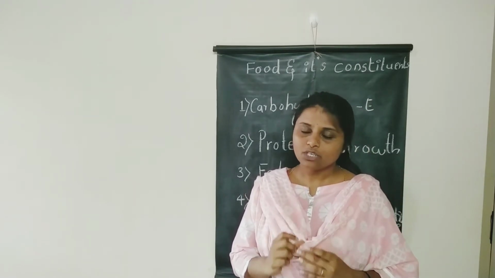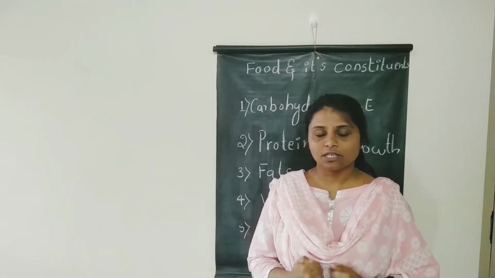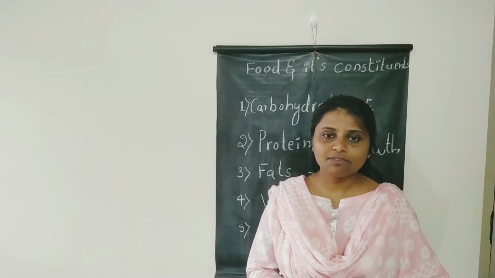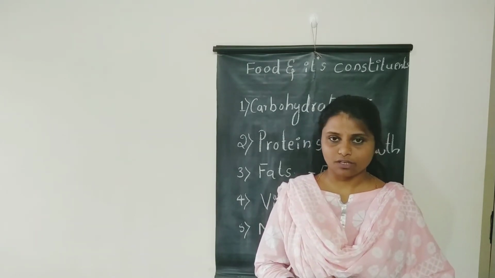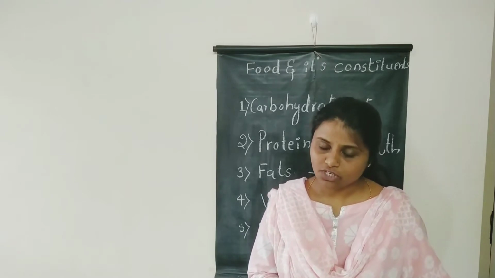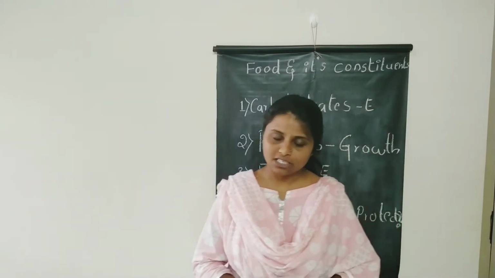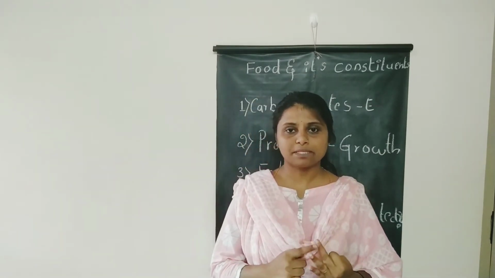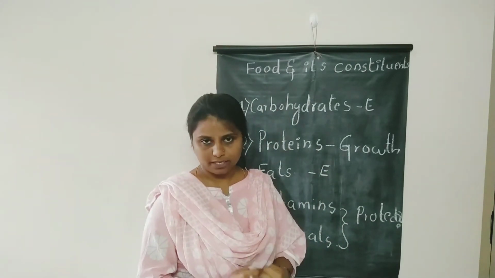So in short, food provides us the power to fight against diseases. Another important thing, food helps us for growth. So three important functions of food are: food helps us to get energy, food helps us for growth, and food helps us to build the immune system of our body.